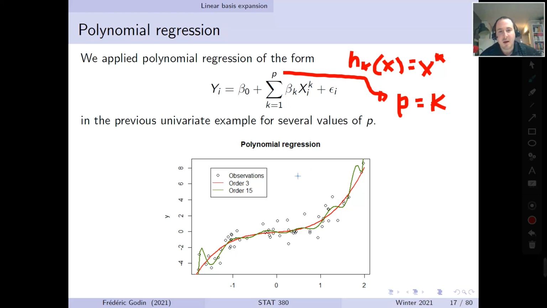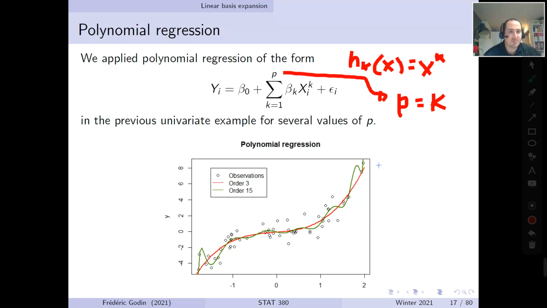If we run polynomial regression on the data we presented earlier, the black dots are still the observations. If we pick p equal to 3, so cubic regression, the cubic function we obtain is very nice and represents very well the overall pattern.